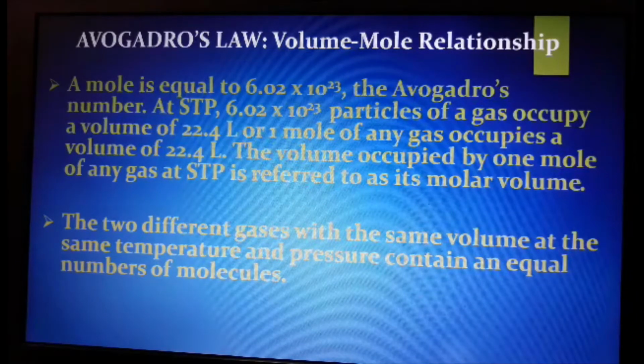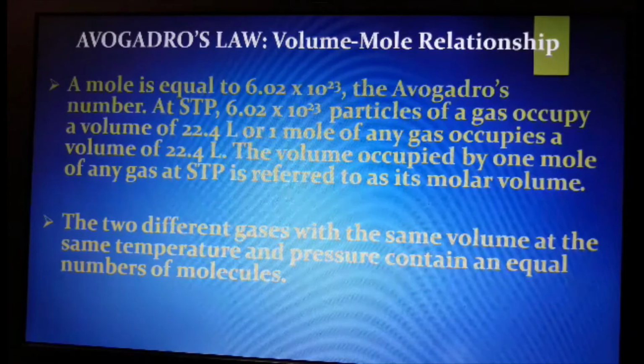Or 1 mole of any gas occupies a volume of 22.4 liters. So, ibig sabihin, 1 mole occupies 22.4 liters at standard temperature and pressure.